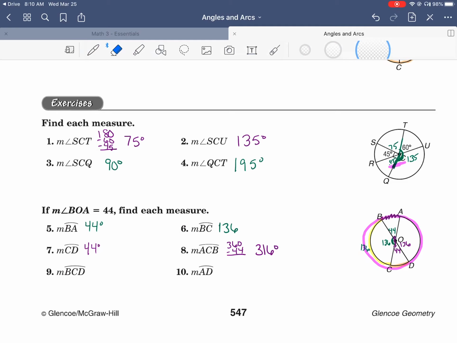All right, I'm going to erase a little bit more again so I can see what I'm doing. If I want to find BCD, I had 136 and 44, which is 180 degrees. And last but not least, if I have AD, we had already determined the angle was 136. So the arc also has to be 136.